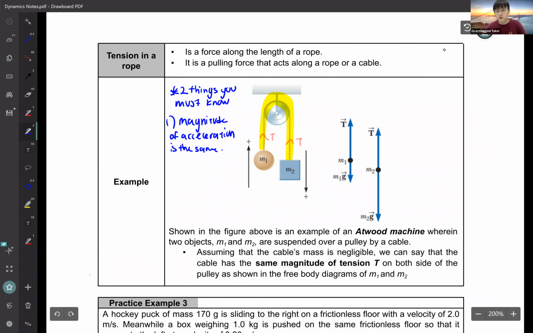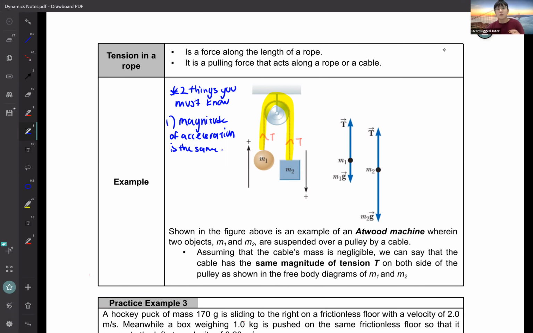In case you're wondering why they have the same magnitude of acceleration, well, it's because they are connected along the same string. If you want to think about this in an easier way, imagine you drag your friend and then you go and run. You hold your friend's hand and you just run. Naturally, both of you, assuming your hands are already taut, that means tight, and your hands cannot stretch, then you both will have the same motion.